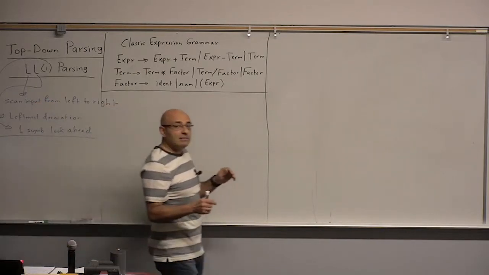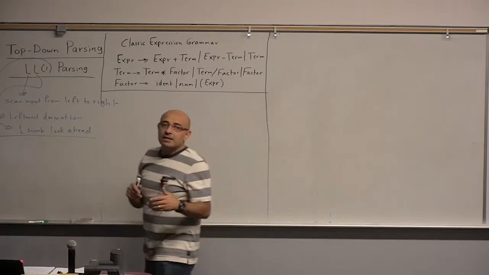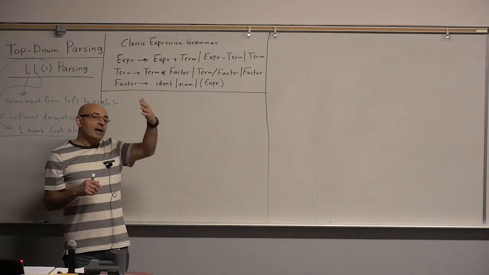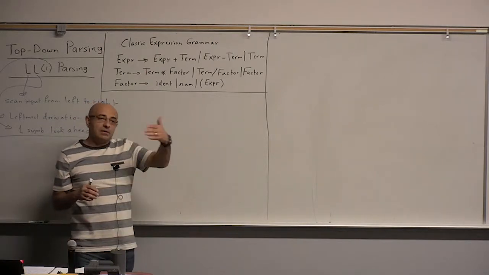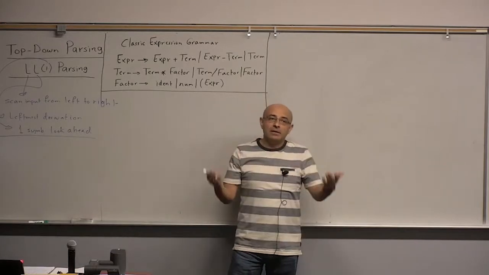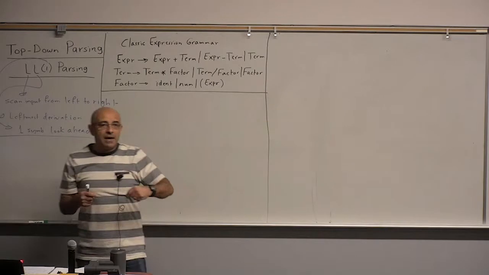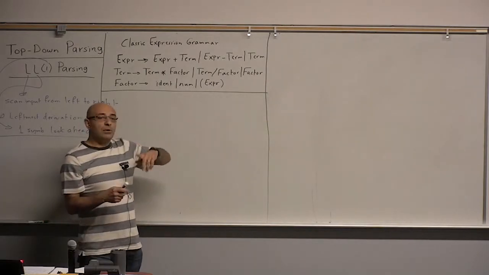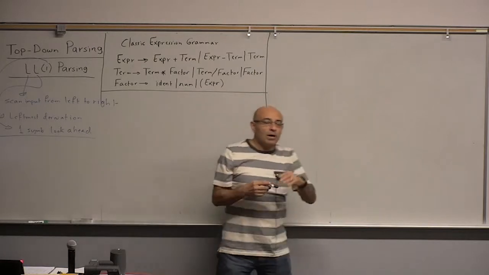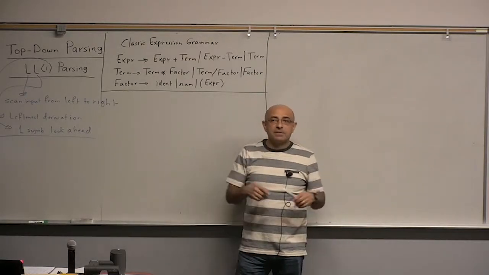When you can't deterministically decide which substitution is the right substitution, this means that you will try one substitution and then go with it until you either find a correct derivation or hit a problem, discover that that substitution was wrong, then you will backtrack. And you will go through all the substitutions that you made and try to identify the substitution that was wrong and try another substitution and so forth.